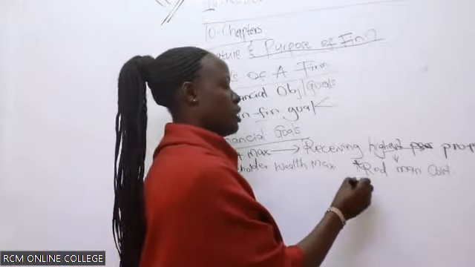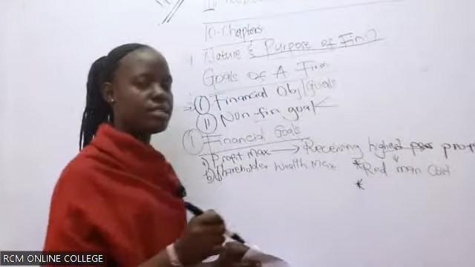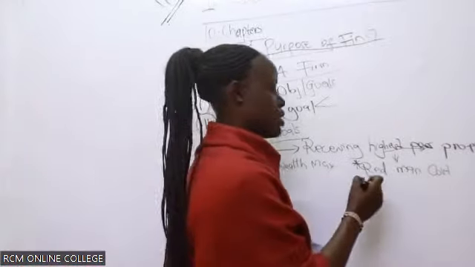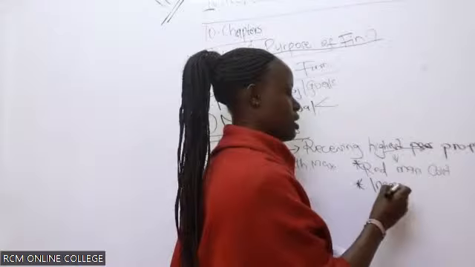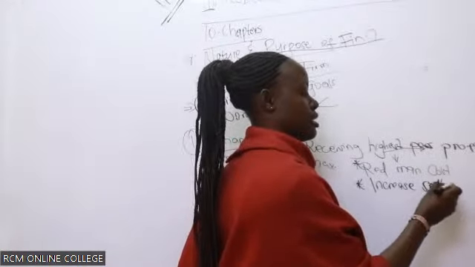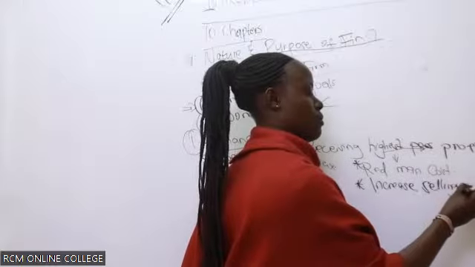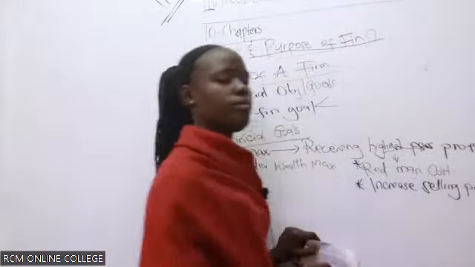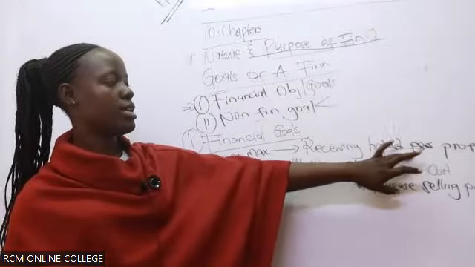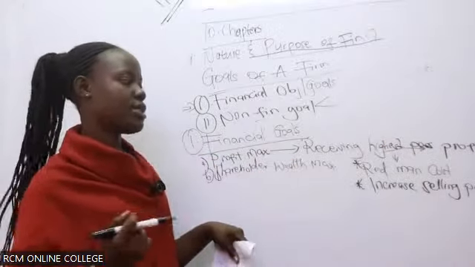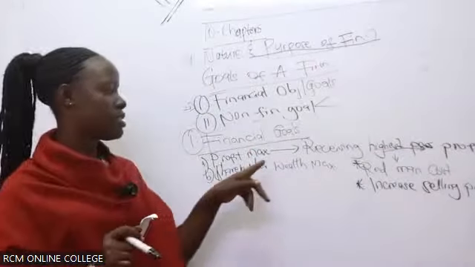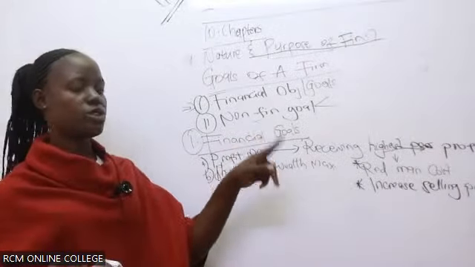You can also achieve these high profits by increasing your selling price. So you can be asked on the various ways where finance managers can receive high profits under the profit maximization goal, financial goal of a firm.